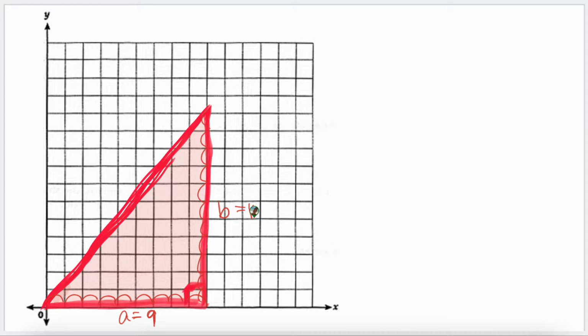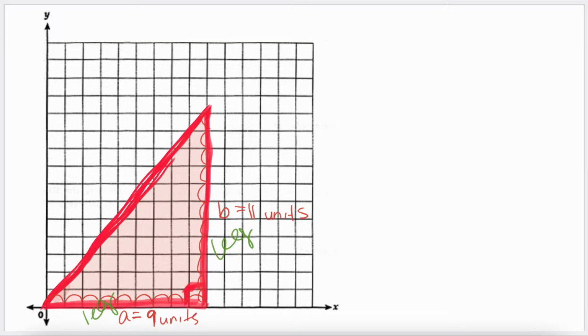So we have A being 9 units long and B is 11 units long. Those are the two legs of our triangle. So this is a leg and this is a leg. Remember that the side lengths are always opposite the angles.